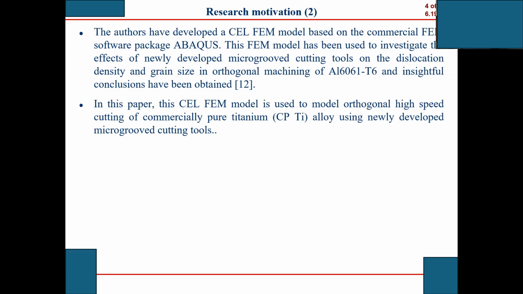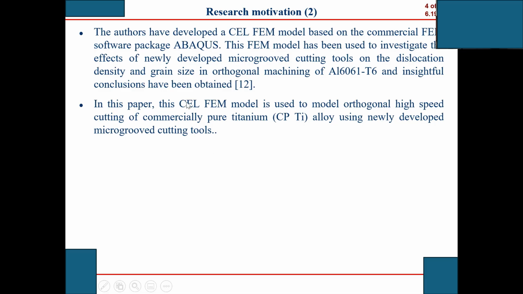This FEM model has been used to investigate the effects of newly developed microgrooved cutting tools on the dislocation density and the grain size in orthogonal cutting of aluminum, and insightful conclusions have been obtained. So this one has been done before.